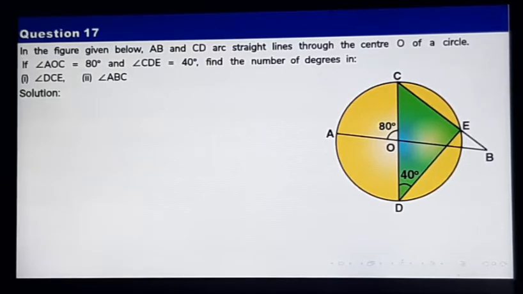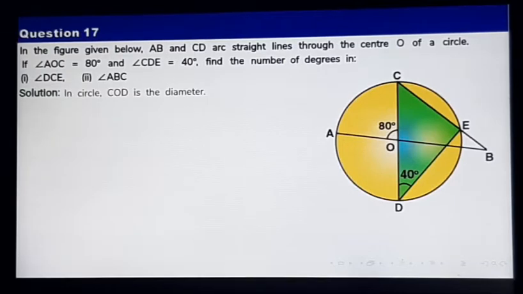Now, since it is clearly stated that AB and CD pass through the center, that means this CD is nothing but the diameter, right? So that's why we can say in the circle, COD is a diameter. Now whenever we see a diameter, we know that the diameter divides the circle into two semicircles.